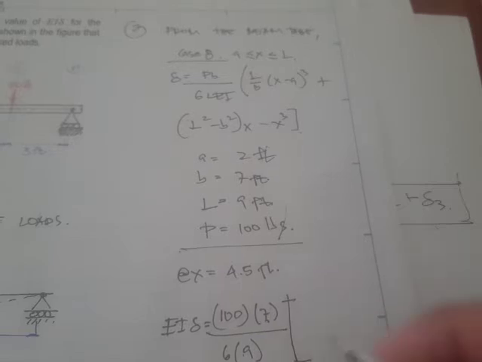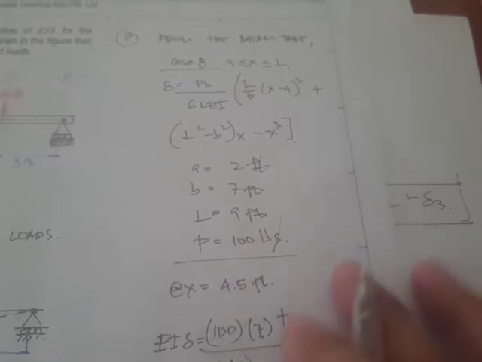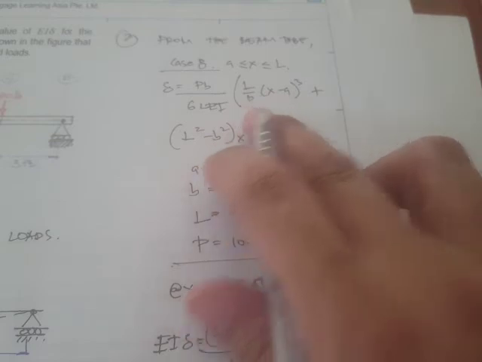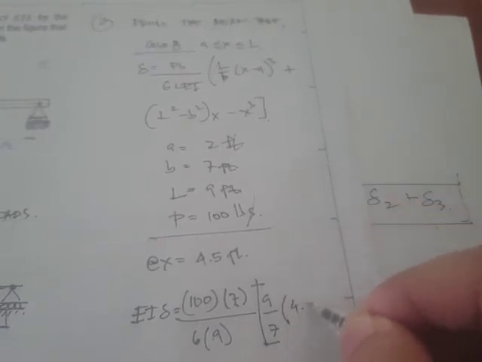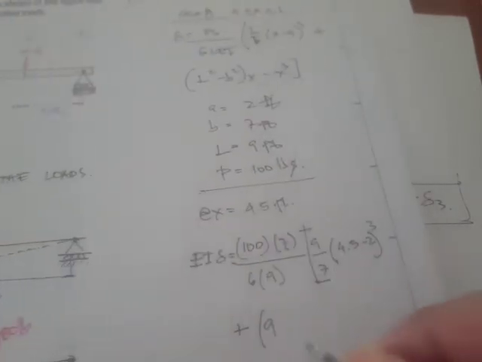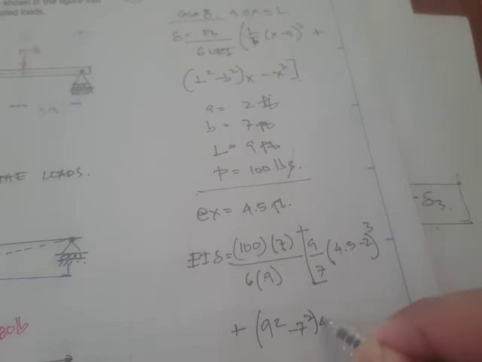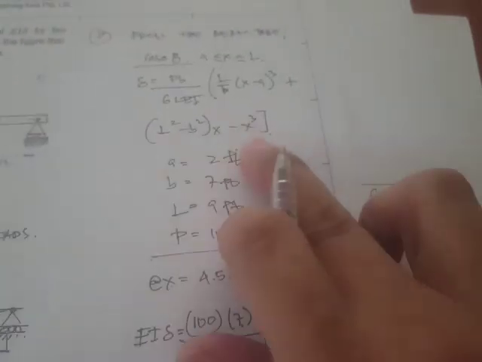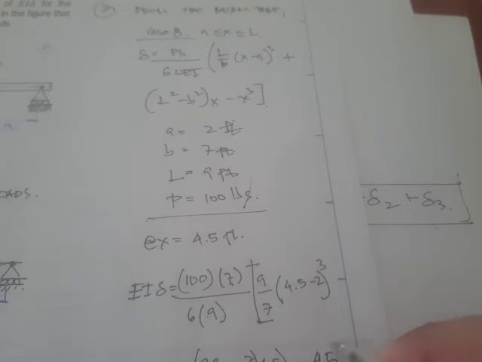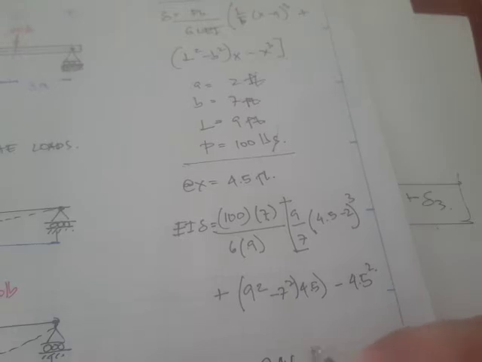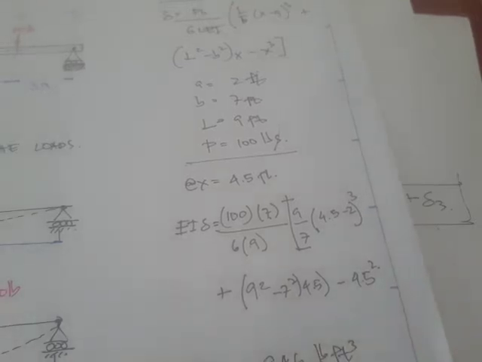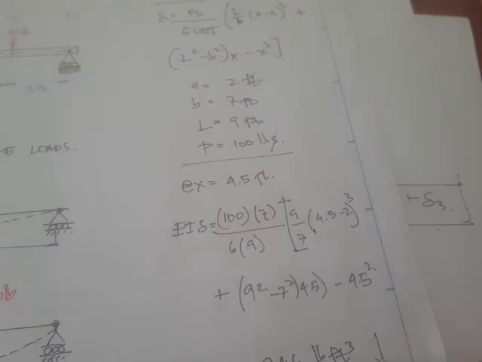And then inside the bracket is 9 all over 7, times 4.5 minus 2, and this is cubed, plus 9 squared minus 7 squared times this 4.5, minus 4.5 squared. Okay, and what we get here is 946 pound-feet cubed, and this is downward, of course.